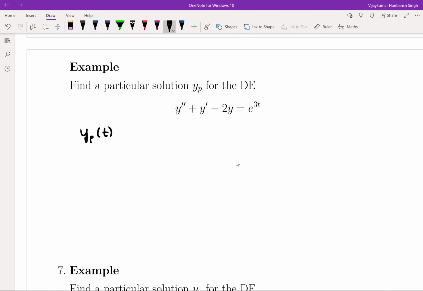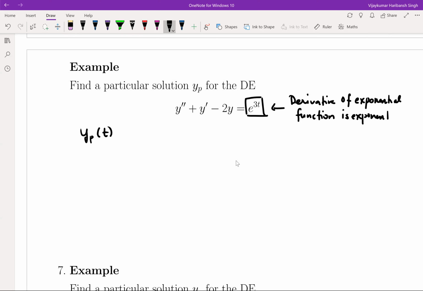Now notice that if you take the derivative of an exponential function, you get an exponential function. So this leads us to a postulate that yp should be e to the power 3t multiplied by some constant a.